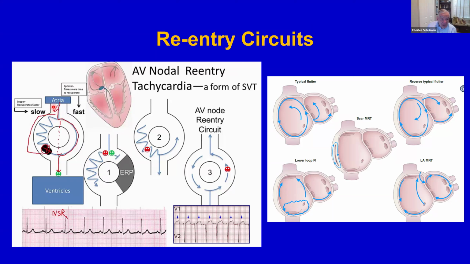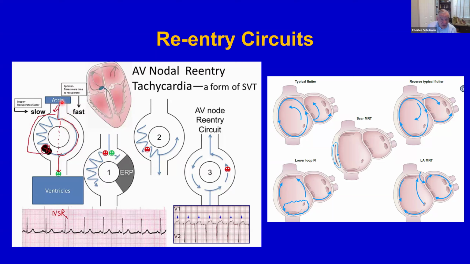Normally, the impulse approaches the AV node and goes down both pathways. It goes down the fast one quickly, down the slow one slowly. The slow pathway recovers faster. The fast pathway takes more time to recover. It transmits faster, but recovers more slowly.